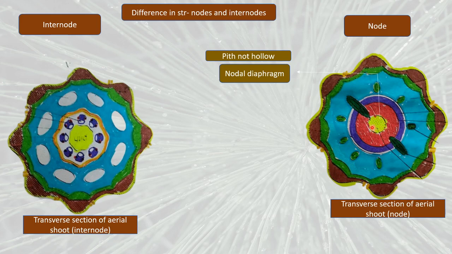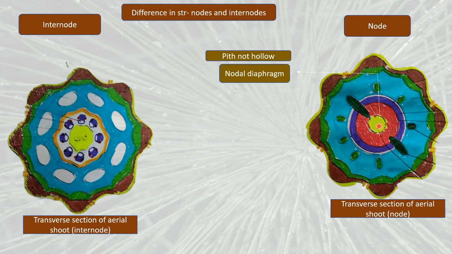The reason that this is present in the node is because, as I told, the internode is hollow, so the node cannot be hollow, because if the node also becomes hollow, then there will be no support system. So this nodal diaphragm actually acts as a spring-like joint, right? So this acts like a joint which increases the stiffness of the stem, right?